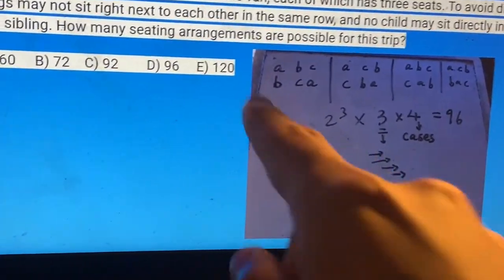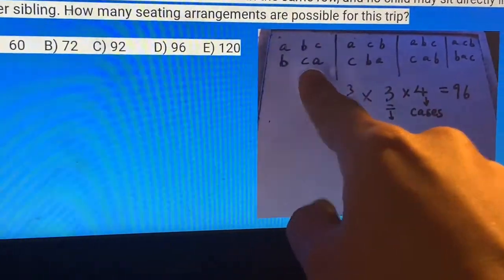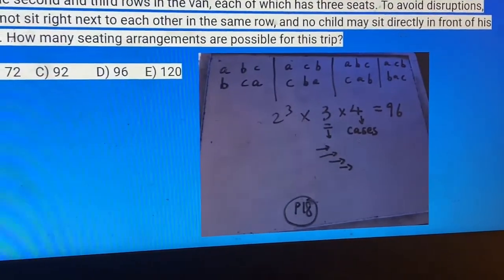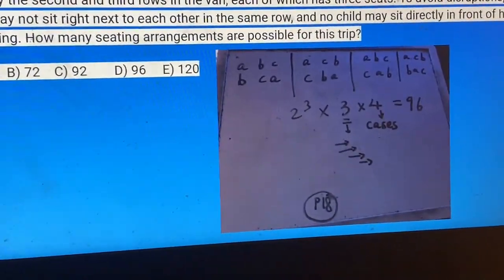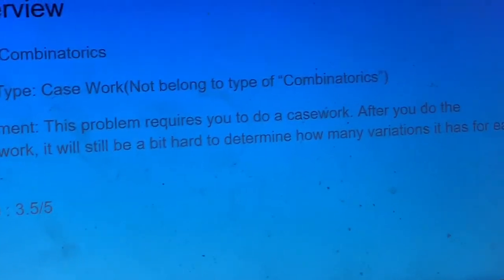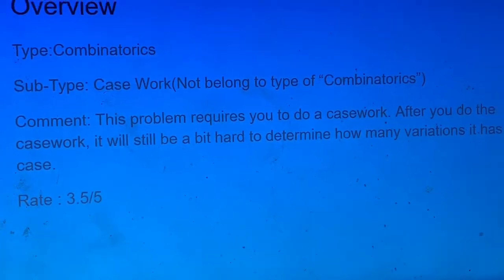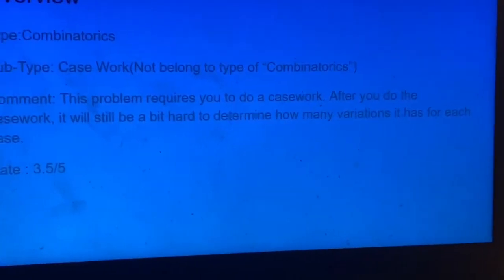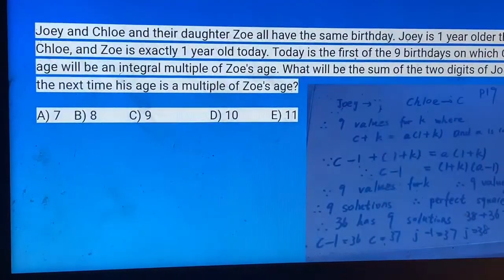Then 3 is because this can move to this, to this, so there are 3 possibilities. 4 is because there are 4 different cases, therefore there are 96 arrangements in a row. This is a 3.5 mark problem.